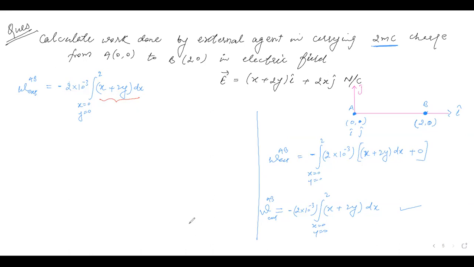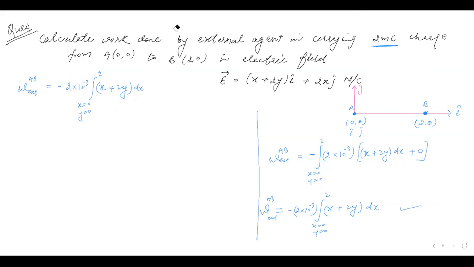Yes, sir. Okay. We can integrate only and only those functions which are already differentiated. So from this equation, we can see that x is differentiated here. You can look at dx. Dx represents that x is differentiated here, but there is no differential part of the y. So we are going to take y as constant, right?